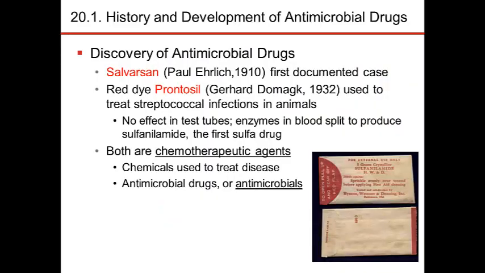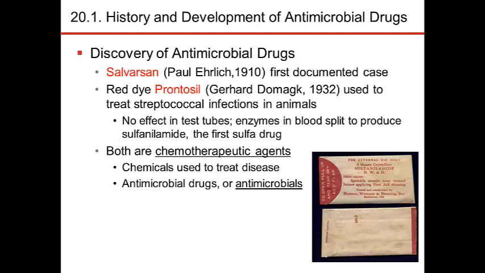Prontosil rubrum, whose commercial name is sulfanilamide, was a red dye found to inhibit some gram-positive bacterial species. Prontosil became the first commercially available synthetic antimicrobial antibiotic.